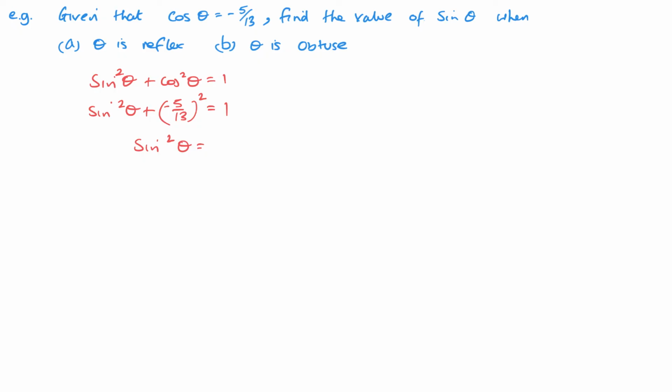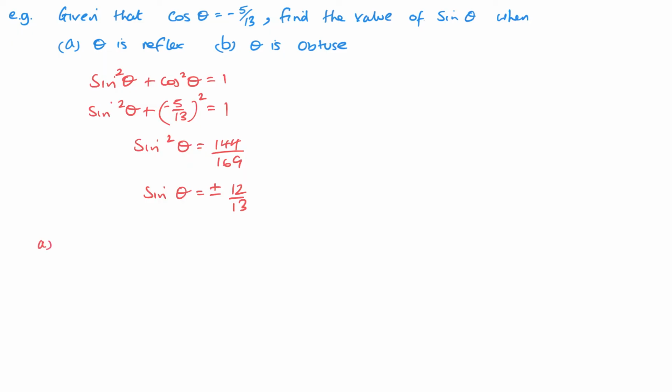So 1 minus 25 over 169, and that's going to give me 144 over 169. Then when I take the square root, sine theta is plus or minus 12 over 13. So exactly the same as our previous answer. Maybe a little bit quicker, depending on what you prefer using. But the second part is the same.